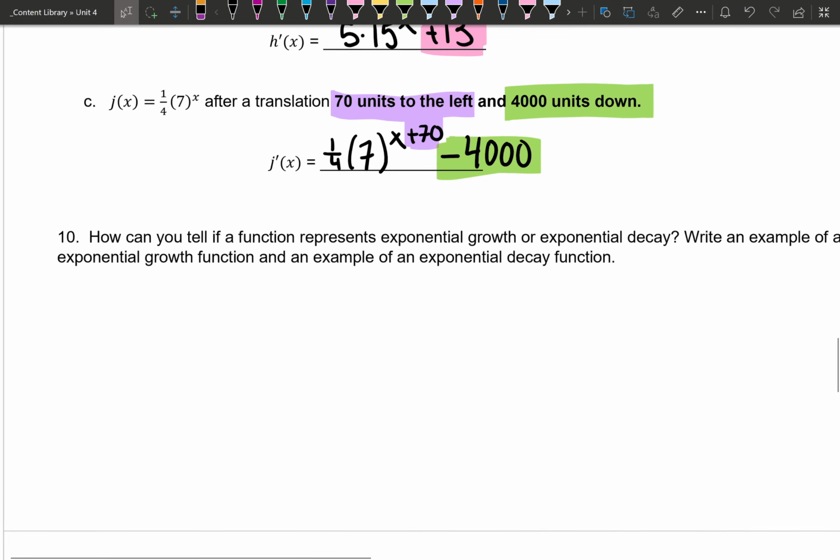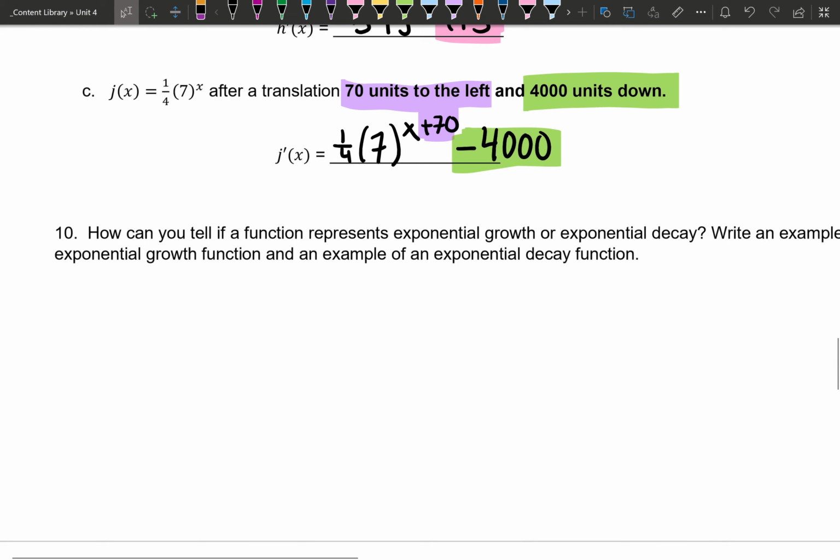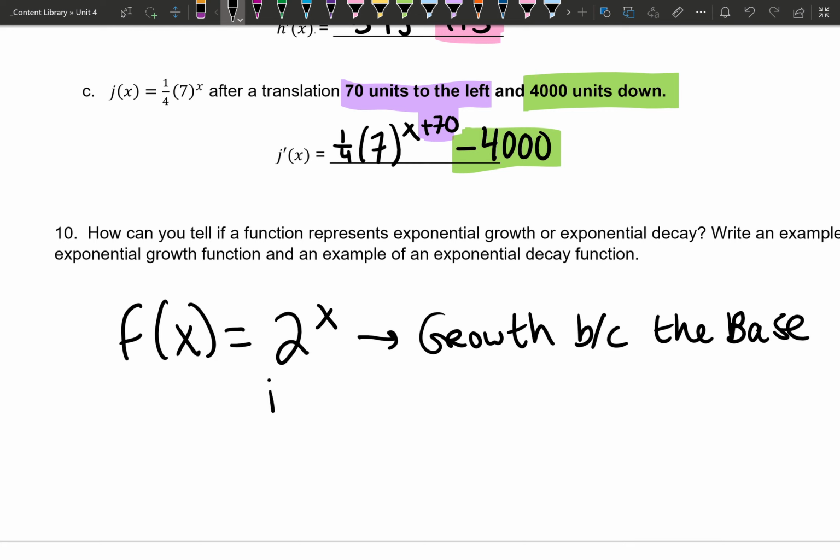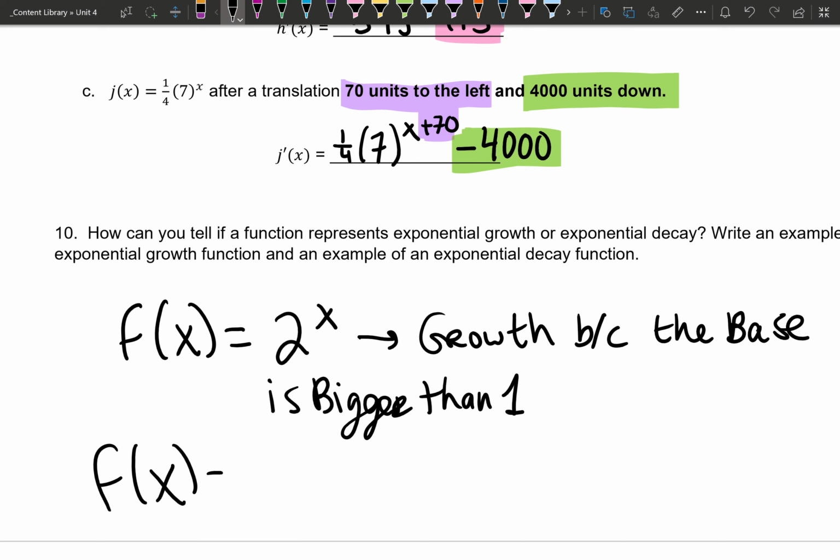Number 10 asks us, how can we tell if a function represents exponential growth or exponential decay? Let's write an example of each. Okay, so here's exponential growth. F of x equals 2 to the power of x. Growth, because the base is bigger than 1.